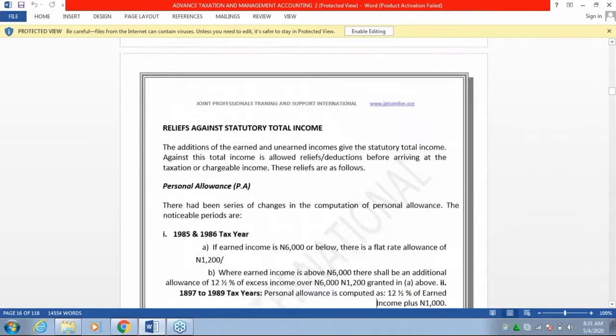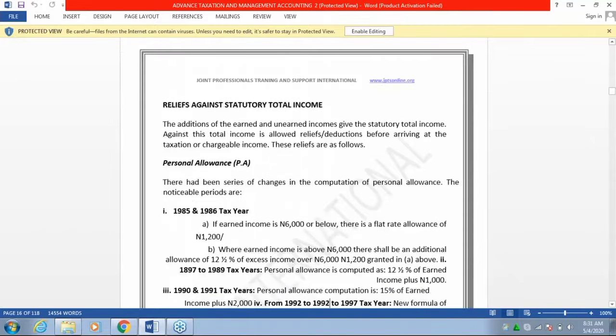If earned income is 6,000 or below, there is a flat rate allowance of 1,200 per annum. Where earned income is above 6,000, there shall be an additional allowance of 12.5% of the excess income over 6,000. Then 1,000 is granted in the above.